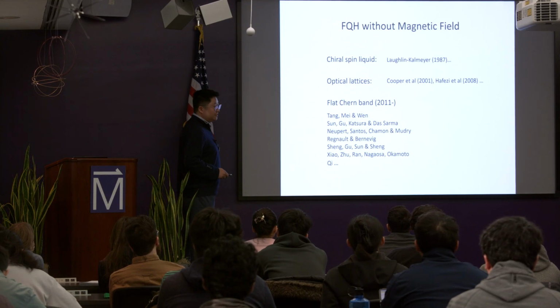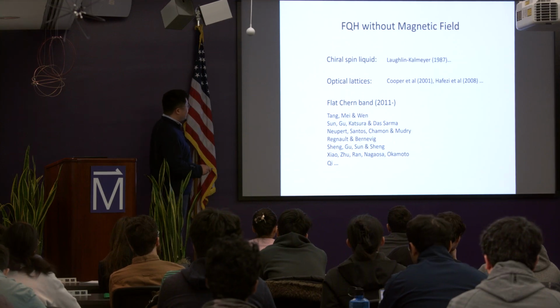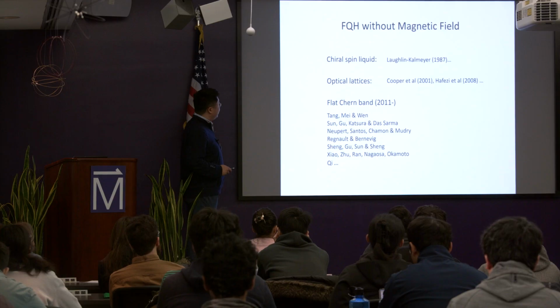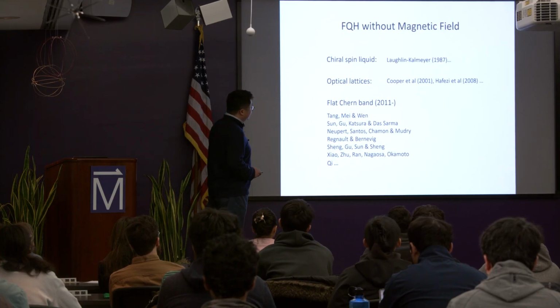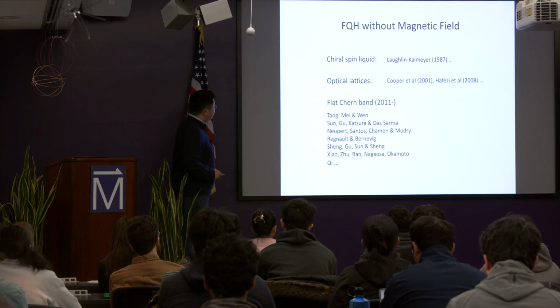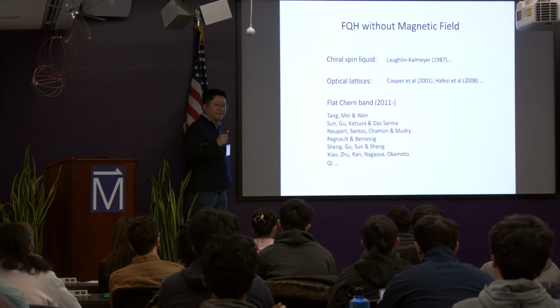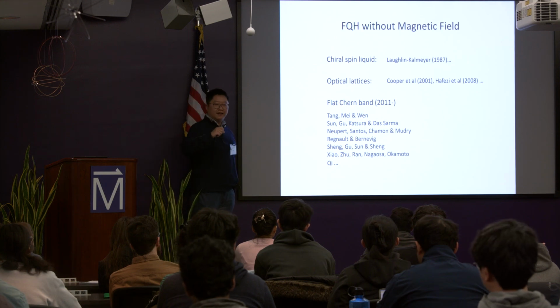Throughout the decades, theorists have asked this question: can one achieve the fractional quantum Hall effect without a magnetic field? And one of the early examples is the chiral spin liquid state proposed by Laughlin. Here you can view a spin 1/2 degree of freedom as a hardcore boson.